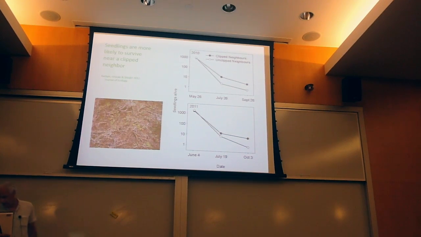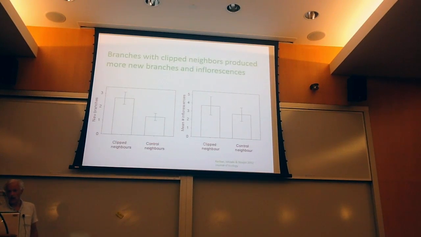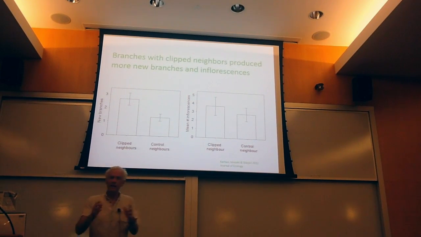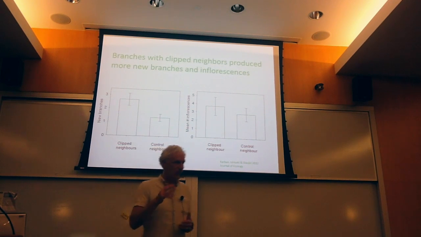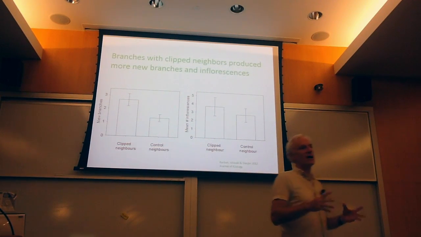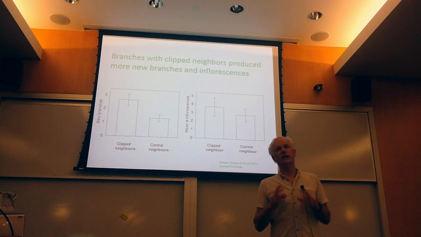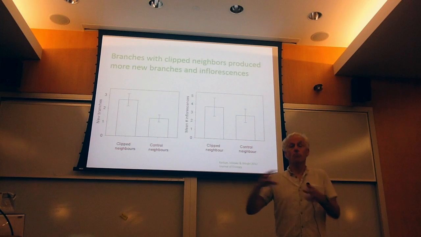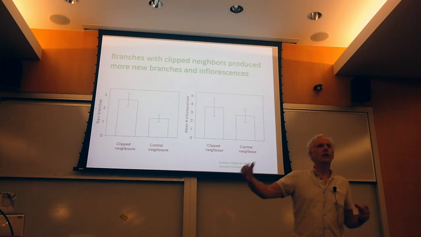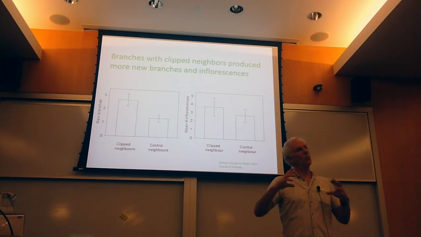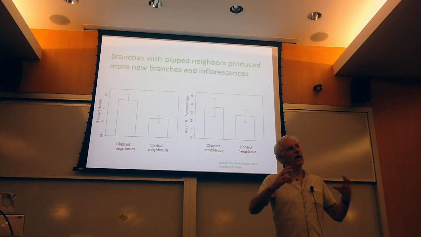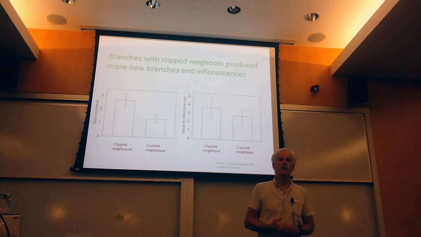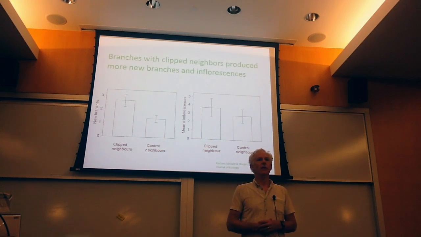Similarly, I have followed a cohort of established plants for 13 years, and in that 13-year span, I experimentally clipped their neighbors 5 times. And branches that were near experimentally clipped plants produced more new branches and more new inflorescences, more new flowers than branches that were near unclipped neighbors.